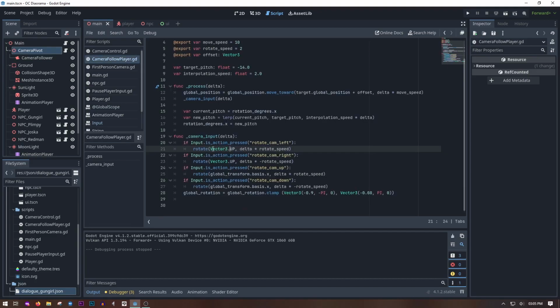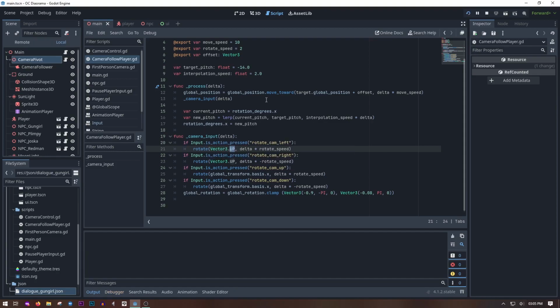So rotate around the axis of straight up, meaning rotate in an orbit, rather than rotate freely. If I didn't put the up there, I would be able to rotate the camera all which ways, but all I want is to go left and right around the character.